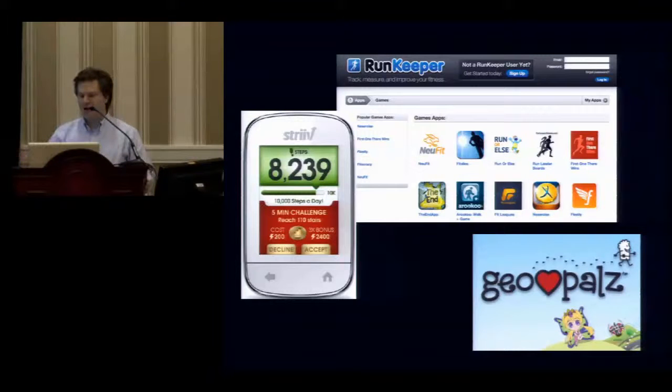We've seen a number of pedometer type things. Strive had their own actual pedometer that had its own screen and applications. They've now also translated to iPhone and Android. GeoPals is doing a sort of USB sensor with an application. They're aimed more at a sub-9-year-old framework.